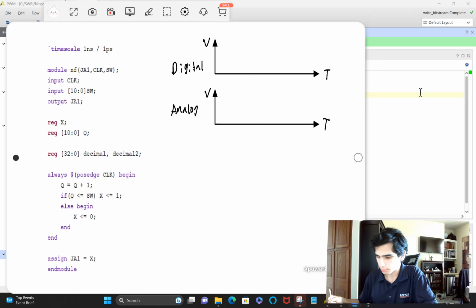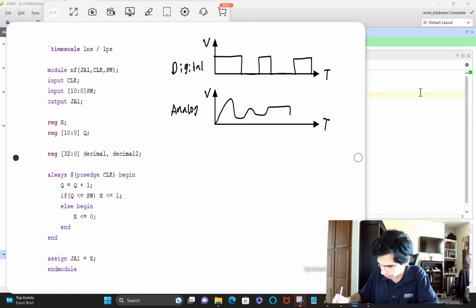You might ask yourself, what's a digital waveform? A digital waveform is going to be something like this, where it's just ones and zeros. It's either high or it's low, no other value in between. Analog is going to be something like this. It could be anything.